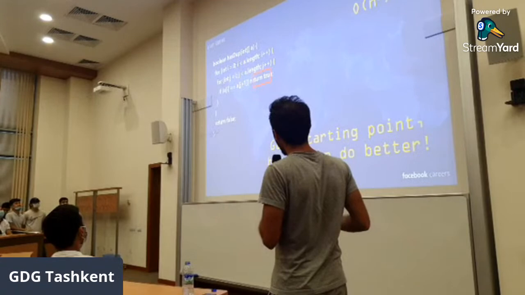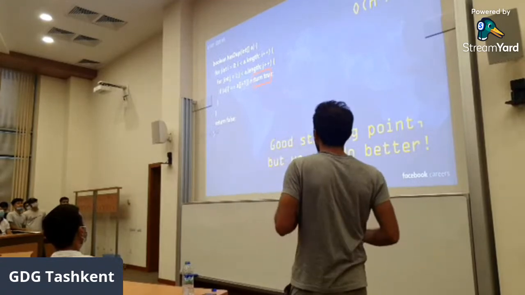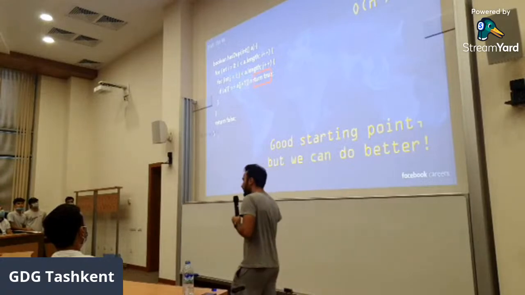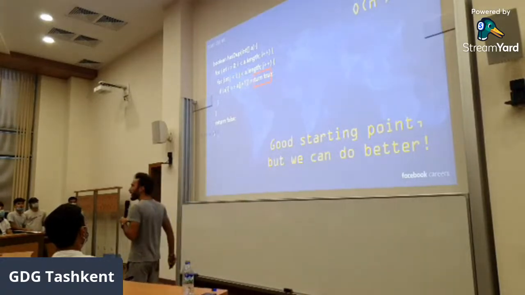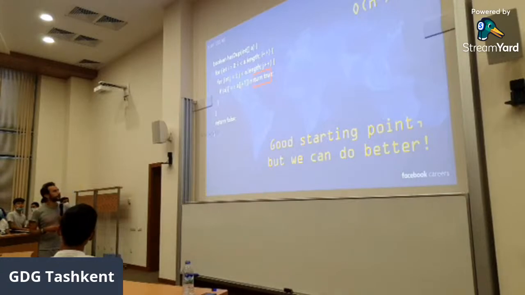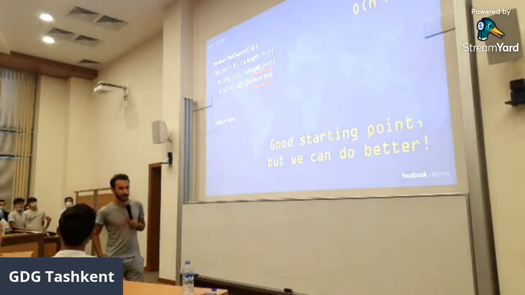So j plus 1 here is going to give us an error. In Java, this would be an array index out of bounds exception. We're trying to access the element beyond the last element. j is going to go to length minus 1, and then we're doing j plus 1, which means we're accessing the element at index length, which does not exist.